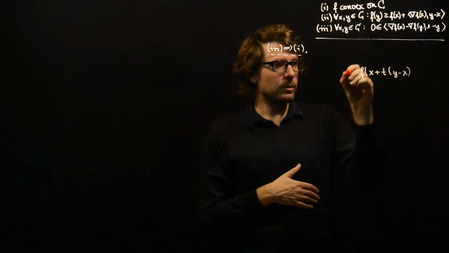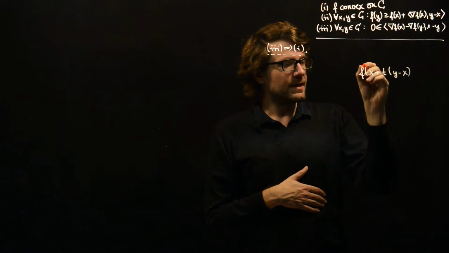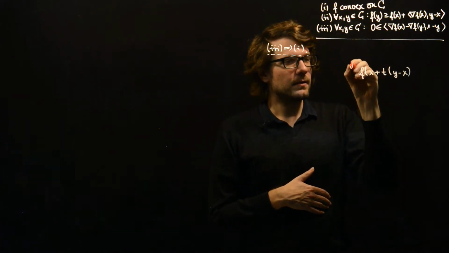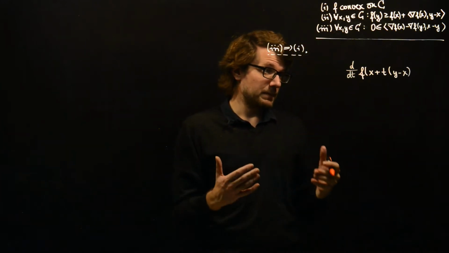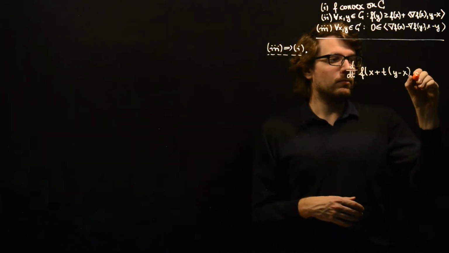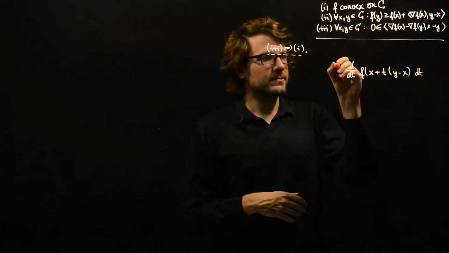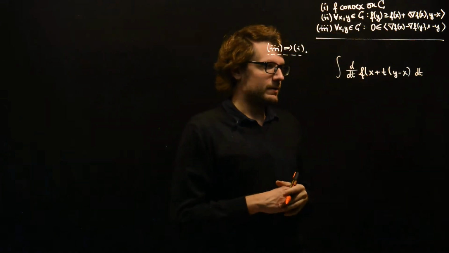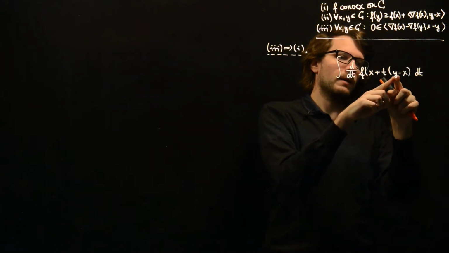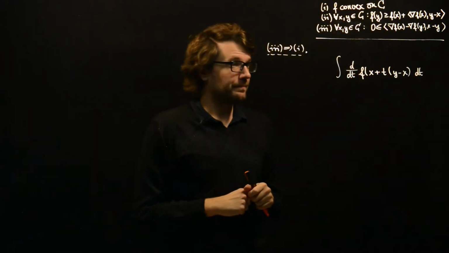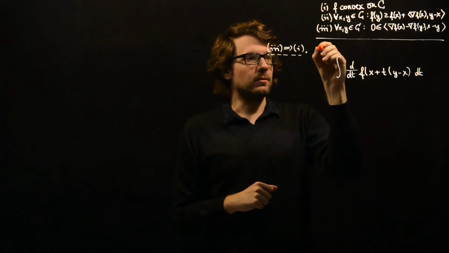Okay, what do we do? Since f is differentiable, we can take the derivative with respect to t, and then we integrate this with respect to t. And like this, we get f of x plus t times (y minus x). Okay?